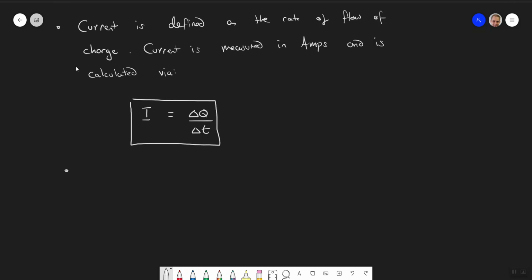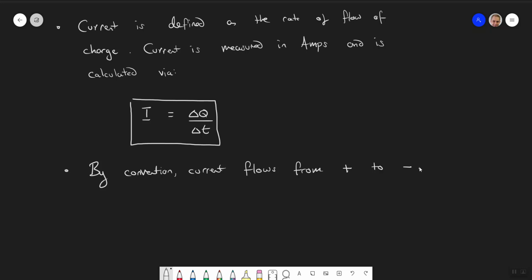So by convention, current flows from positive to negative, although if you were thinking about a beam of electrons, they would be going the other way.